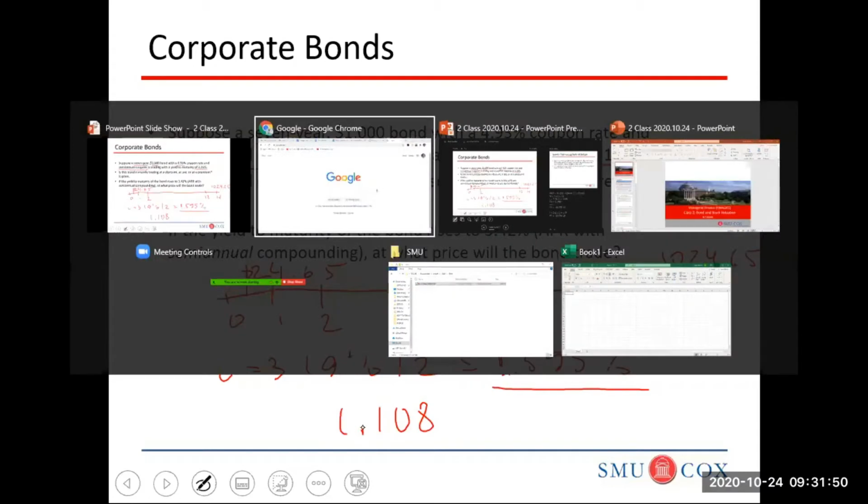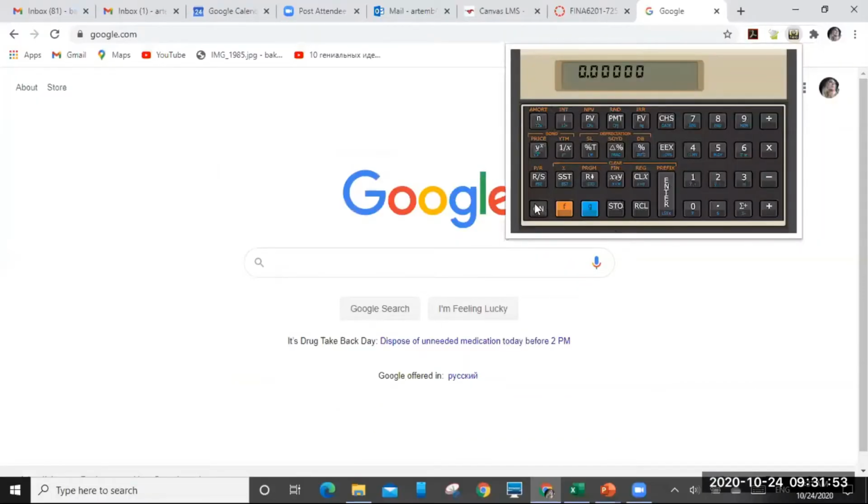Well, let's check it together. So we've got the 24.65 payment, future value of 1,000, 14 periods, and 1.595 interest rate.